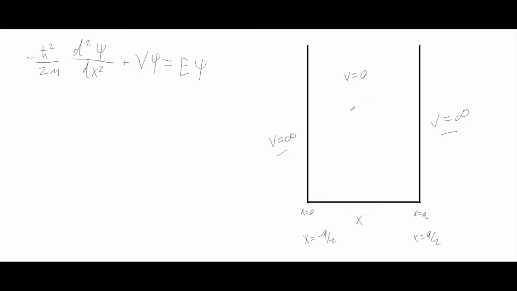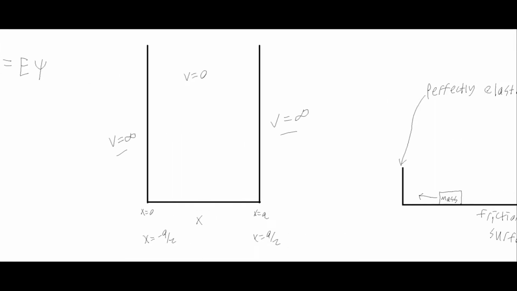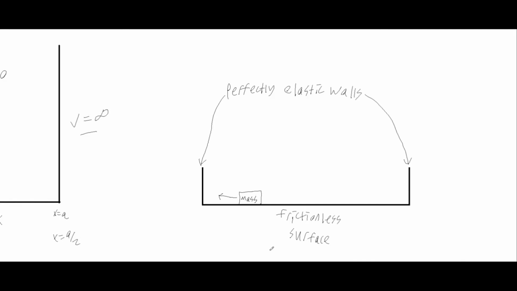If you want a little more intuition about this infinite rectangular potential, we can think of it like a box where both sides are perfectly elastic walls, so something can bounce off of them without losing any energy, and we have a frictionless surface.